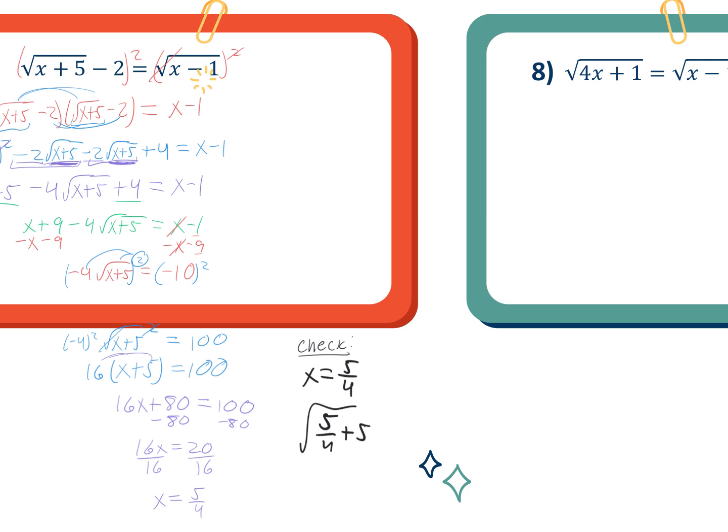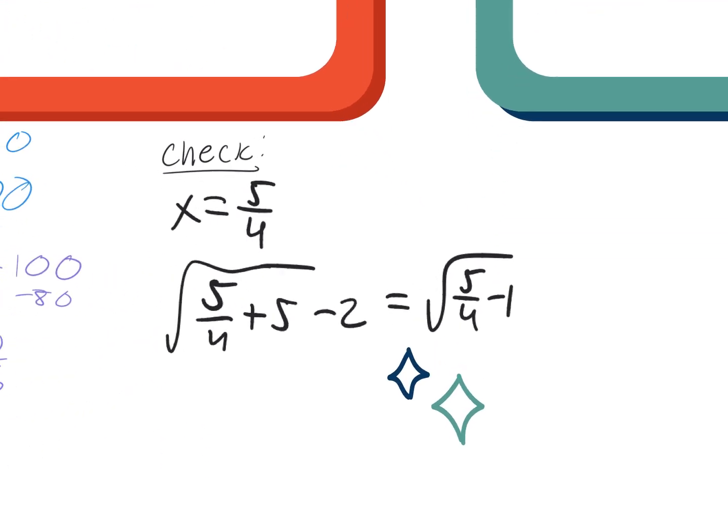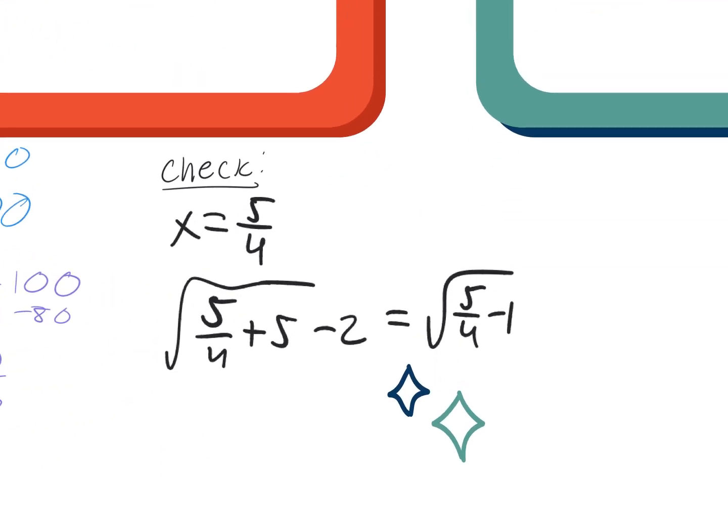The square root of 5/4 plus 5, minus 2, equals the square root of 5/4 minus 1. Now the hardest part here, this isn't even that hard. This is just annoying. I know you guys don't like the fractions. Find a common denominator.